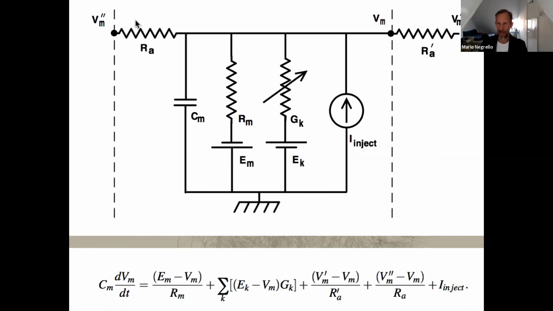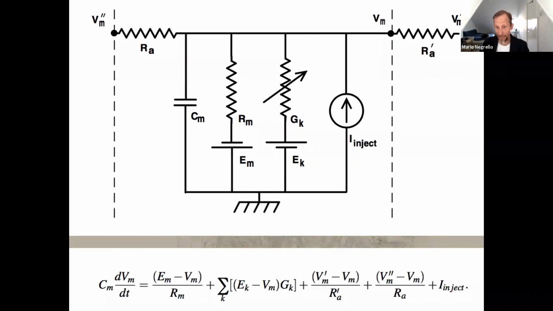You can also model this as a second order differential equation, but this is already discretized in space. I don't think it's worthwhile to go into the actual derivation of the second order differential equations. It's much easier to think about it already discretized. So here in the bottom equation, on top of your usual dynamics from the currents, here the sum of currents in K, these are the different ion currents, you have the contributions of the neighboring compartments.